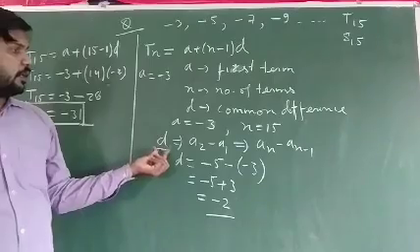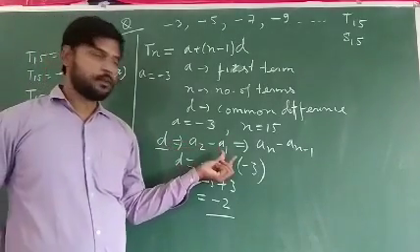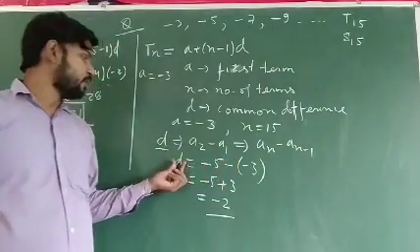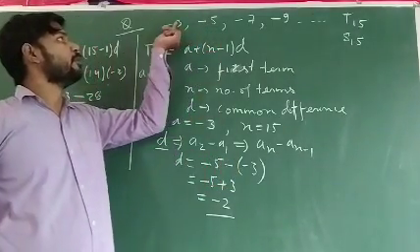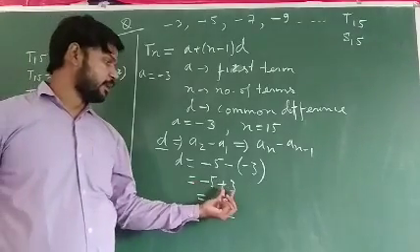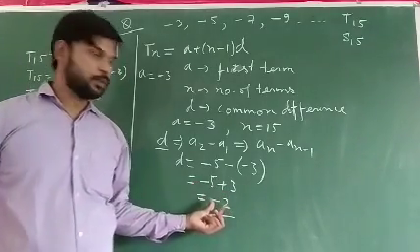So d is a2 minus a1, or an minus a(n-1), and d equals -5 minus 3, that is -5 plus 3, which is equal to -2.